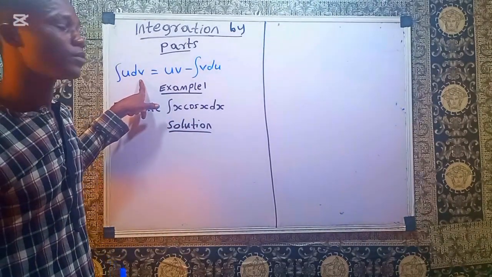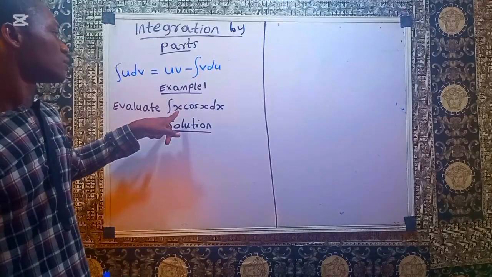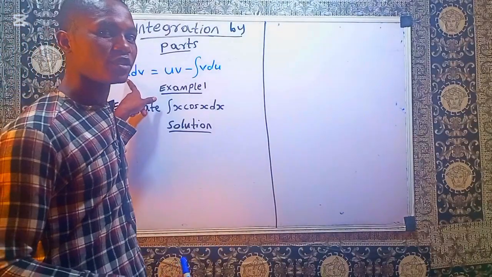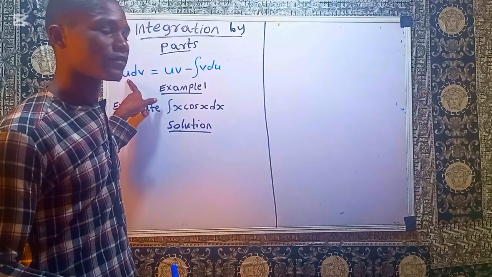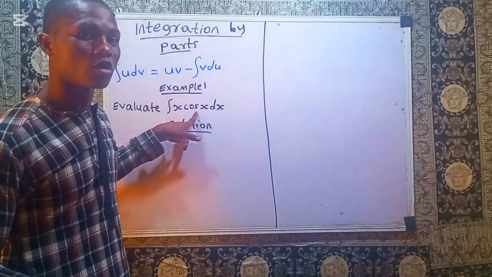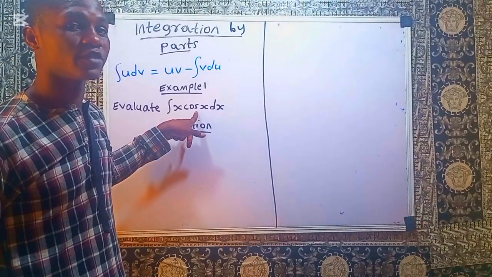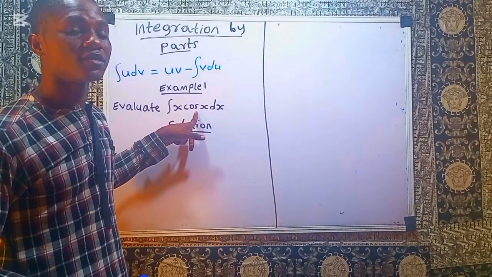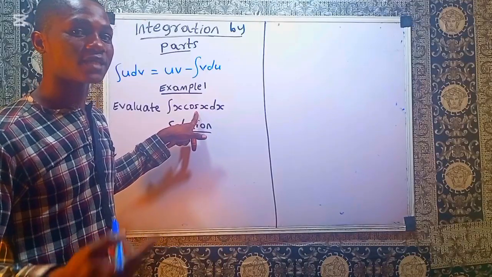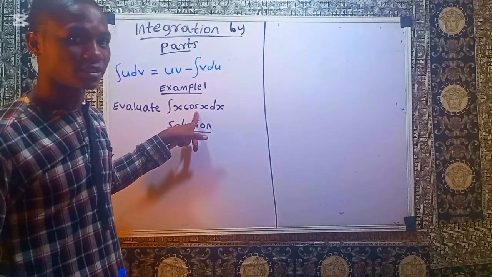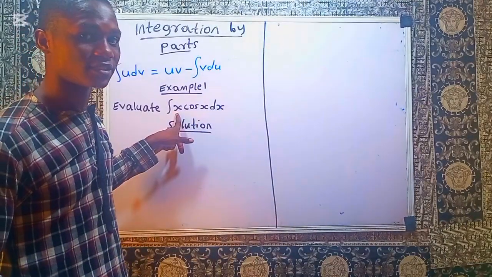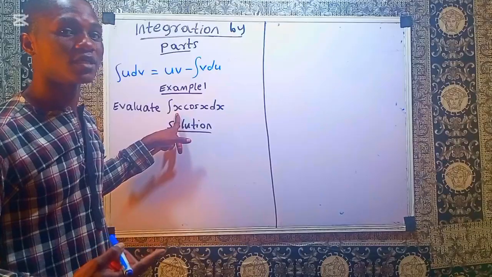That's the question now. The one that you are going to call u is the one that will vanish if you differentiate it a certain number of times. We know that if you differentiate cosine x many times, you keep getting cosine and sine, so it cannot vanish. But if you differentiate x, it will vanish after a certain number of times, right?